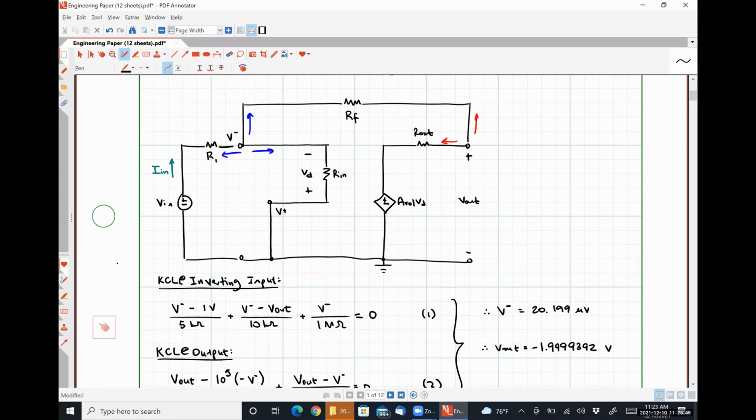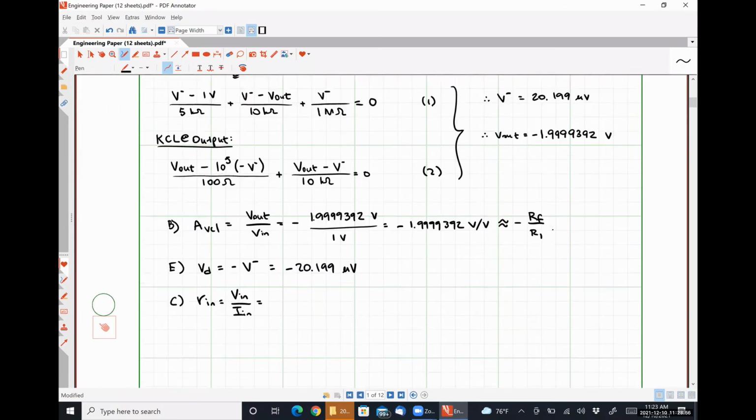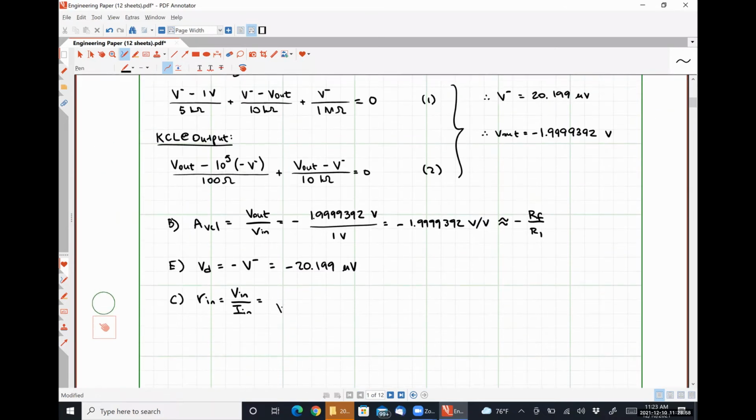So it's simply going to be Vn minus V minus divided by R1.